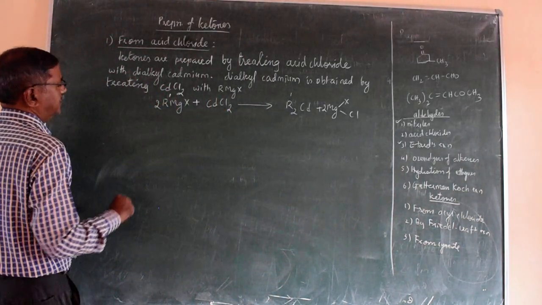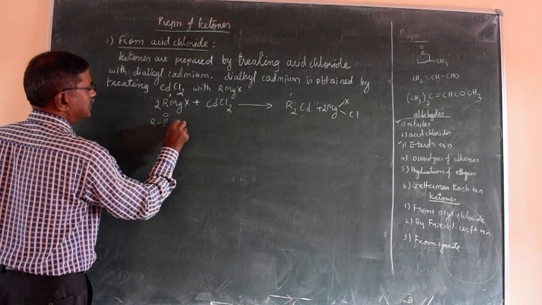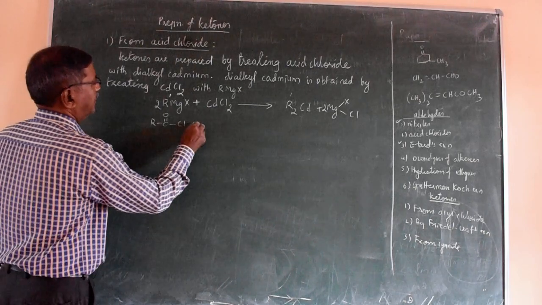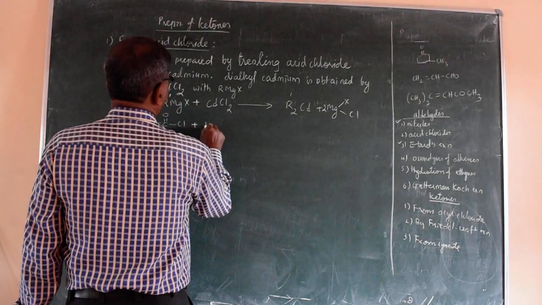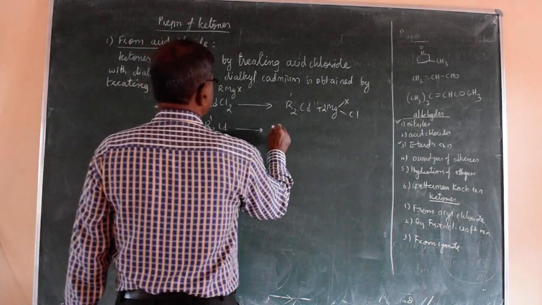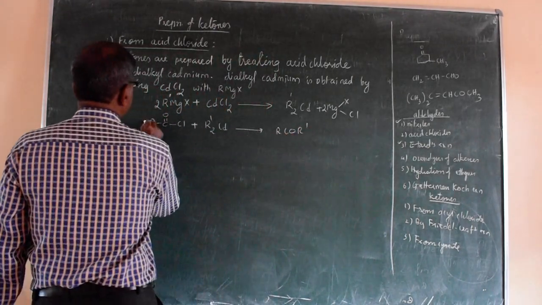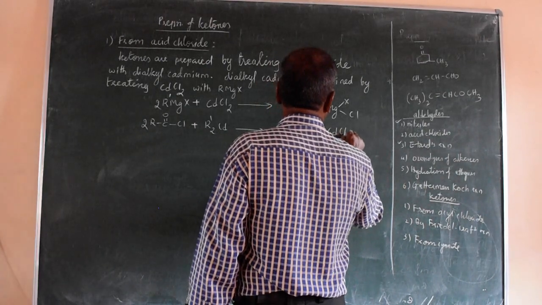So now acid chloride, RCOCl, we know it is called acid chloride, is treated with dialkyl cadmium, R2Cd. The product is RCOR, balance the equation, write 2 times, and CdCl2.